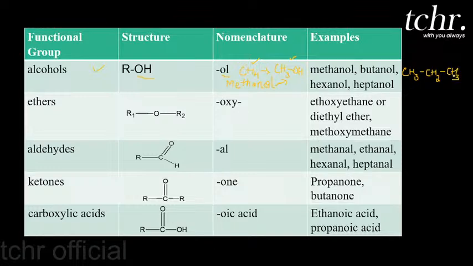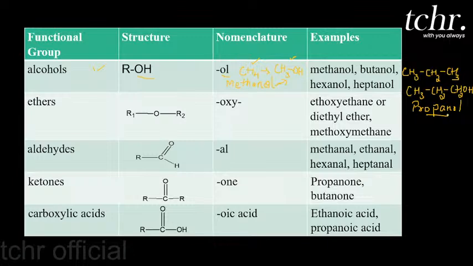Now how do I write the structure of propanol? It is CH3, CH2, remove one hydrogen from this carbon atom and I will add OH. So now CH3, CH2, CH2OH. Three carbon atoms means propane and I will add OL, it is propanol.